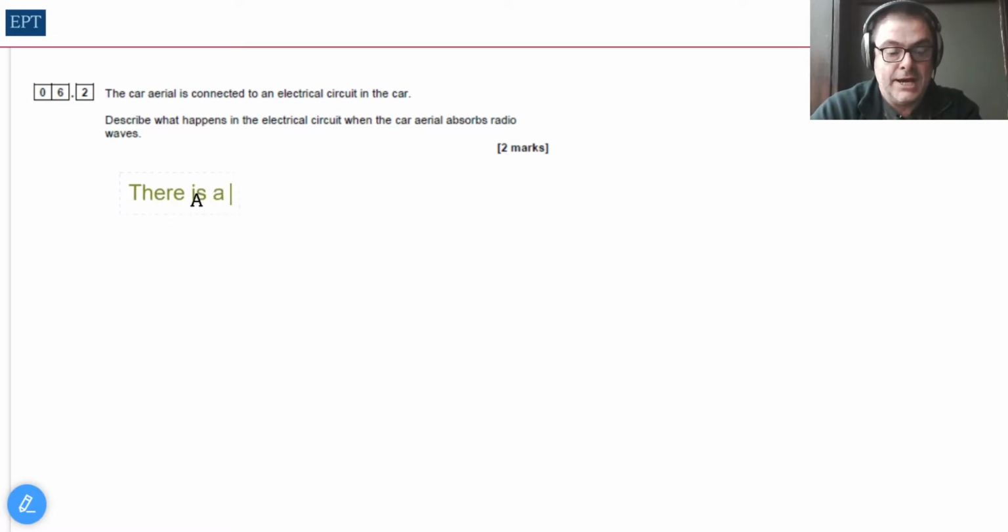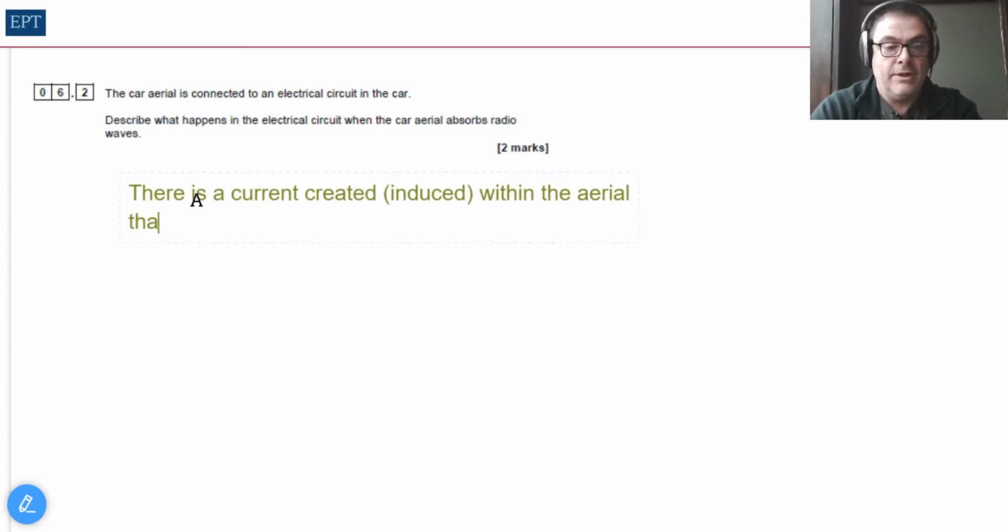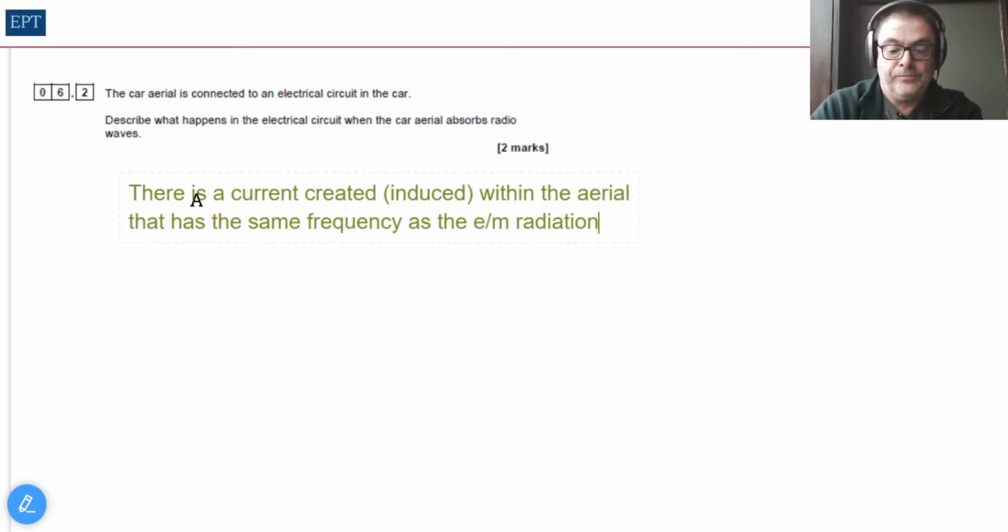There is a current created or induced, if you want, within the aerial, A-E-R-I-A-L, that has the same frequency as the EM, electromagnetic radiation or radio waves.